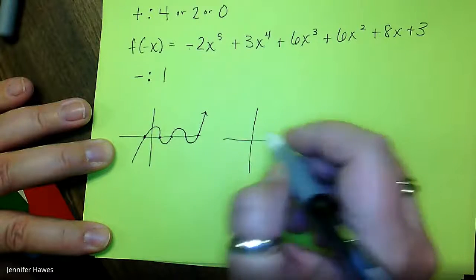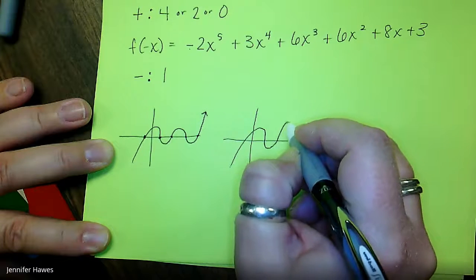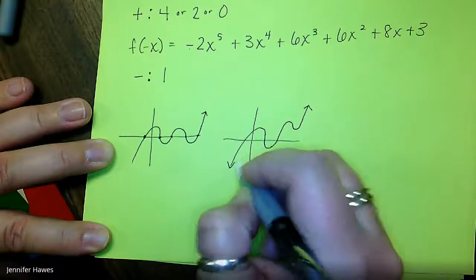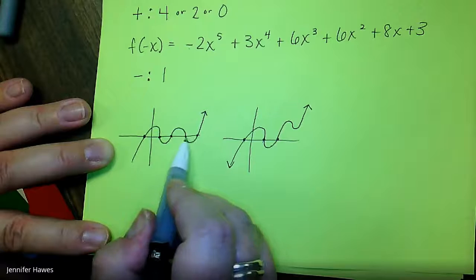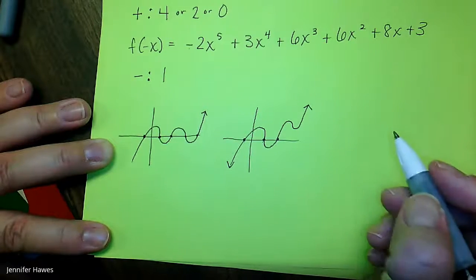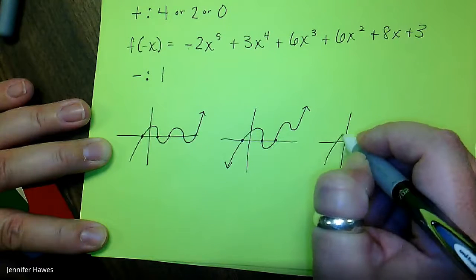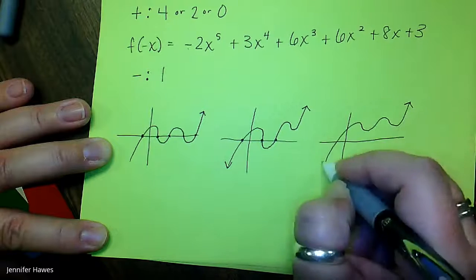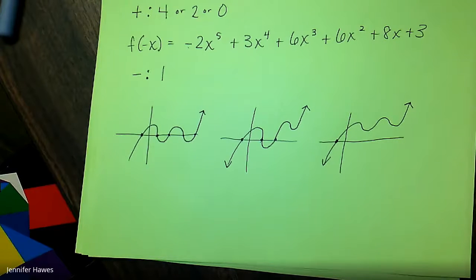My graph could look like this: there's my one negative, and then there's 2 positive. Because once you take one of these out, you take them both out, because remember, imaginary stuff goes in pairs. Or my graph could look like this: there's my one negative and my 0 positive. So that's why you go down by 2s, because there are 3 scenarios of what my graph could look like.